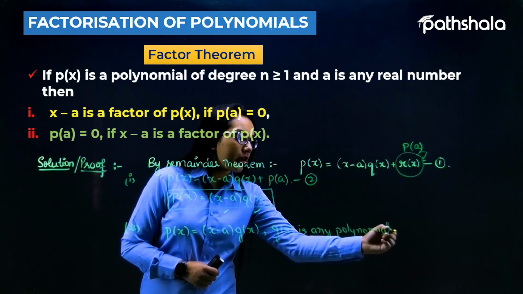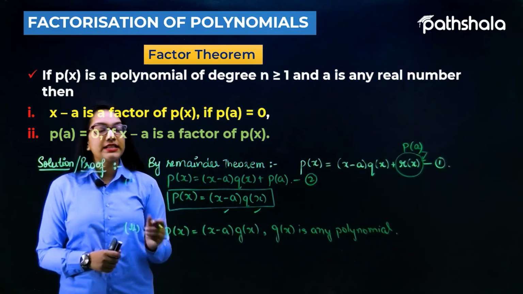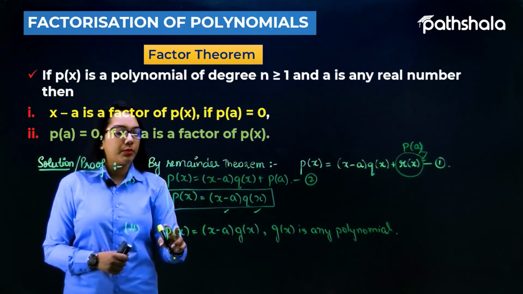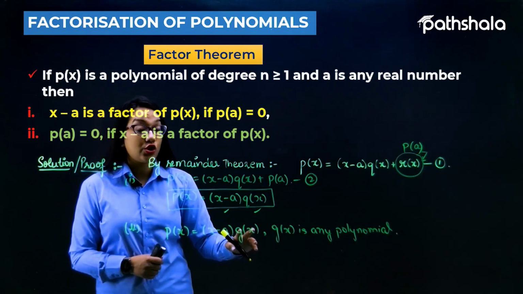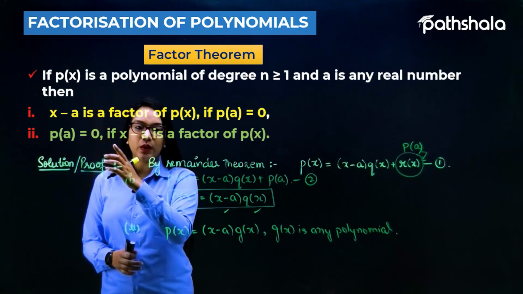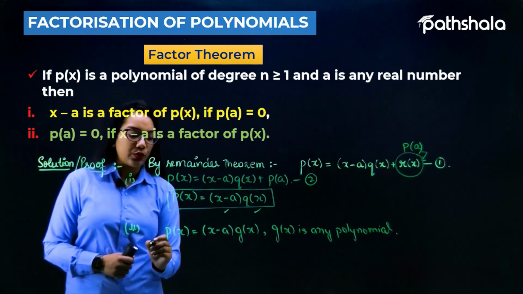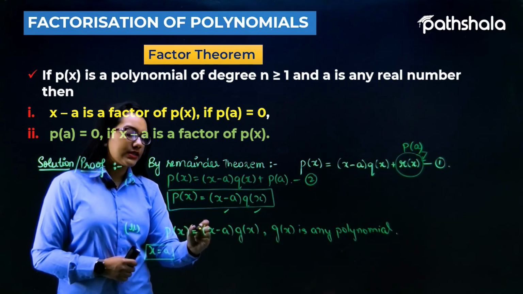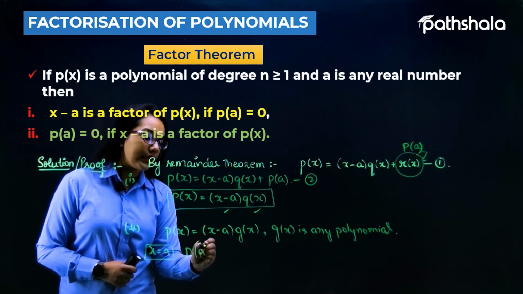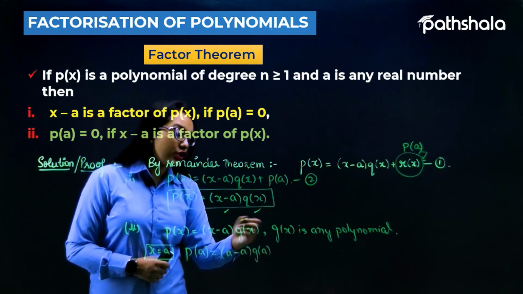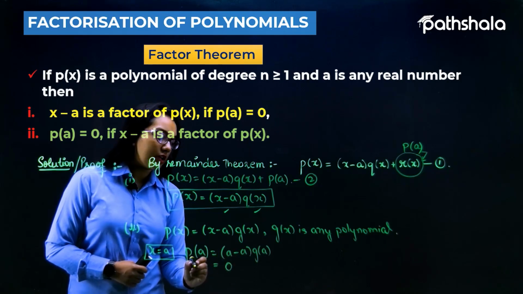As per the given condition, if x minus a is a factor of p of x, we can write p of x as x minus a into g of x. So p of a should be equal to 0. Let us suppose we are substituting x equal to a in this particular equation. Then the value we get is p of a equals a minus a into g of a, and a minus a is definitely equal to 0. So p of a is equal to 0.